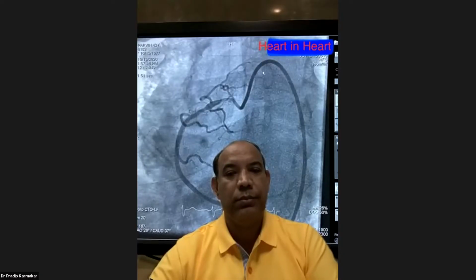Also, you must have heard some OCT presentations. If your stent strut is across the mouth of the circumflex, when the stent gets endothelialized, the endothelium actually grows on this stent strut. So it is bang in the center, it would probably obstruct the subsequent growth.